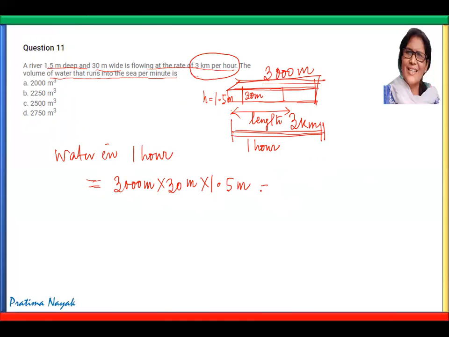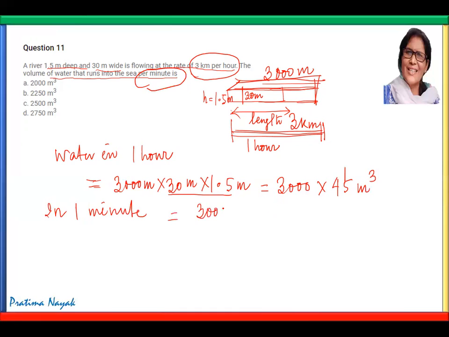So we can multiply. It will be just 3000 multiplied by these two, which gives you 45. This is meter cube, and in 1 hour this much. Because we have to get it per minute, in 1 minute the water will be divided by 60.